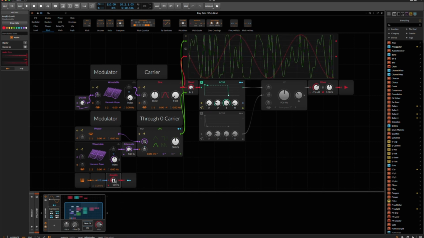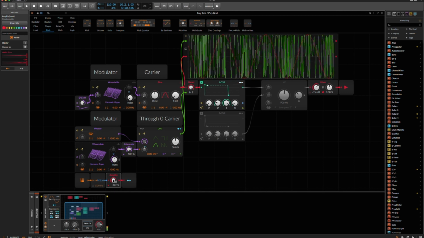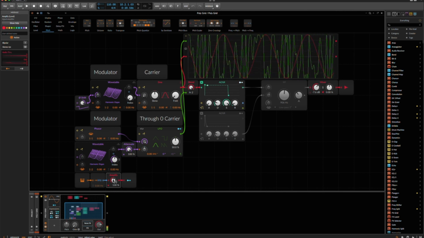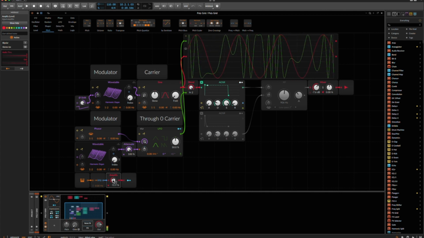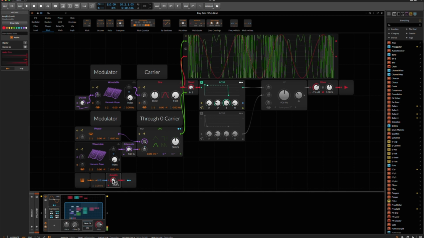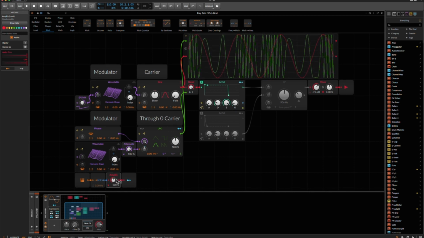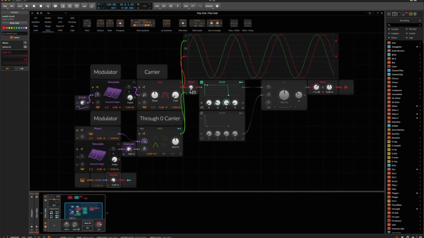So now we have the possibility to go above 100%. Okay. Now I'll do the phase oscillator, phase FM. Let's try to get something similar.